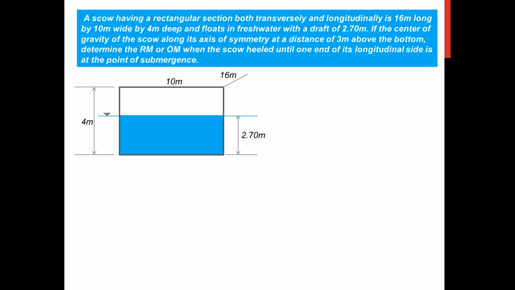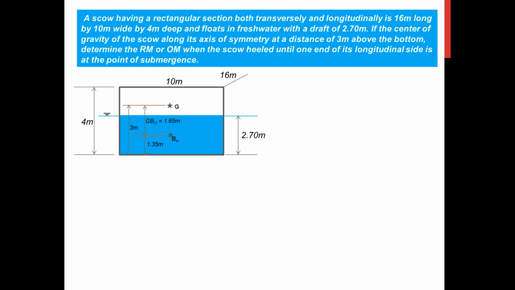Knowing that that is 2.7 meters, of course, half of that dimension is where the BO is located. And this dimension is of course half of 2.7, which is 1.35 meters. Now, the center of gravity in the problem is specified to be 3 meters above the bottom. That is specified in the problem. So knowing that dimension, we can get the difference between these two.